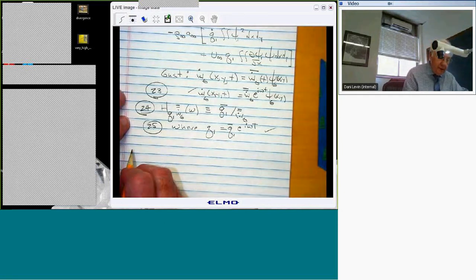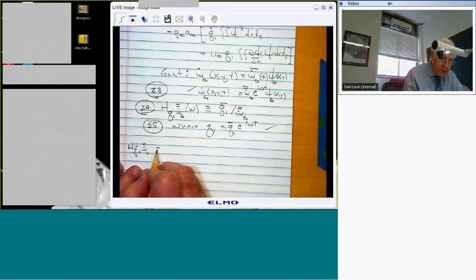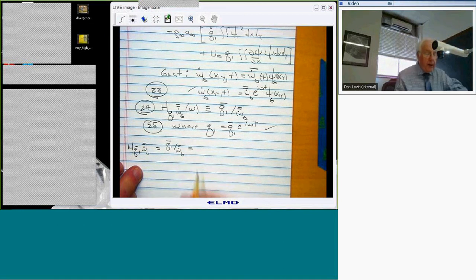Okay. 23, 25, and 22. Let's see. So H sub Q1, WG dot, the bars up there if you like. It's just a ratio, right? I'll write it one more time. And from 22, I can easily see what that is.